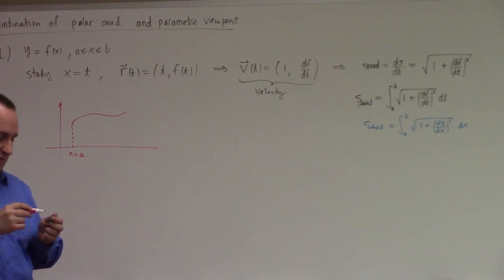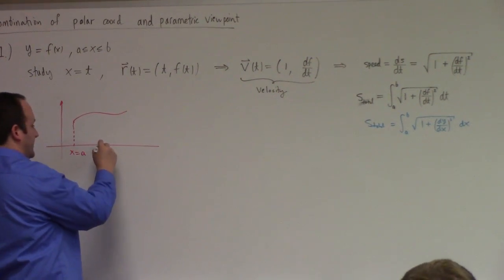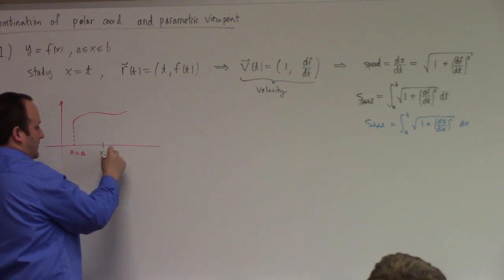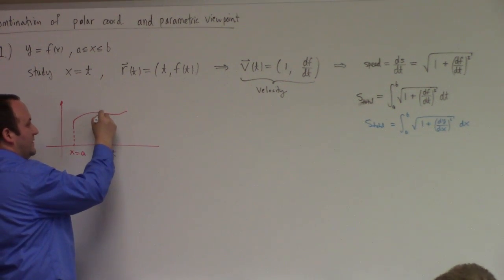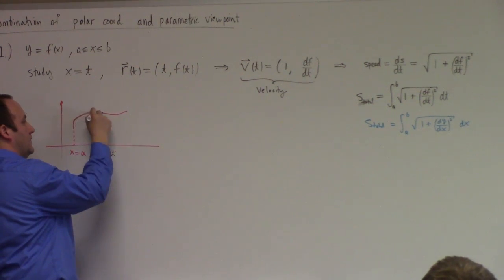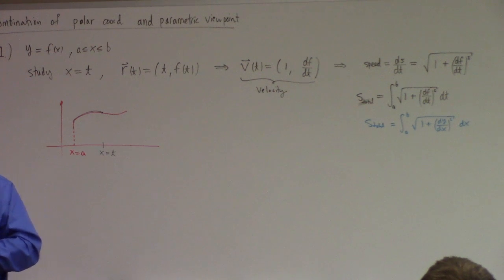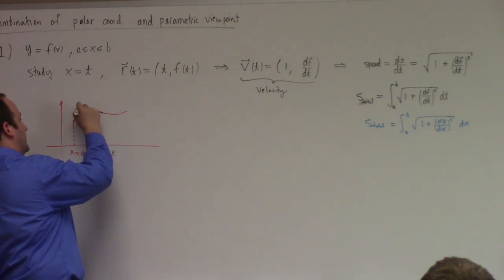The arc length function would be, say we go over here to x equals t. I want to know the length of just this much. How would you obtain the arc length function? What would the formula be for this so-called s of t?